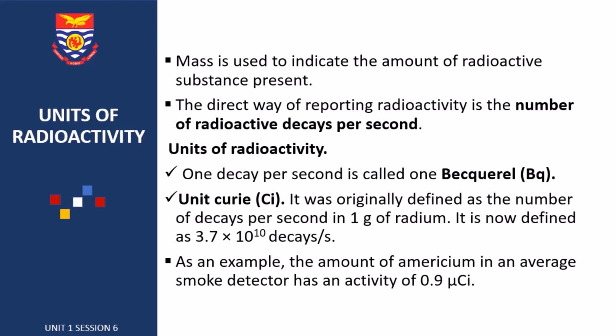Let us now look at the units of radioactivity. We shall be looking at several units of radioactivity, but let's start with the becquerel, which is represented as Bq. It is one of the units for reporting radioactivity, and it reports radioactivity as 1 decay per second.